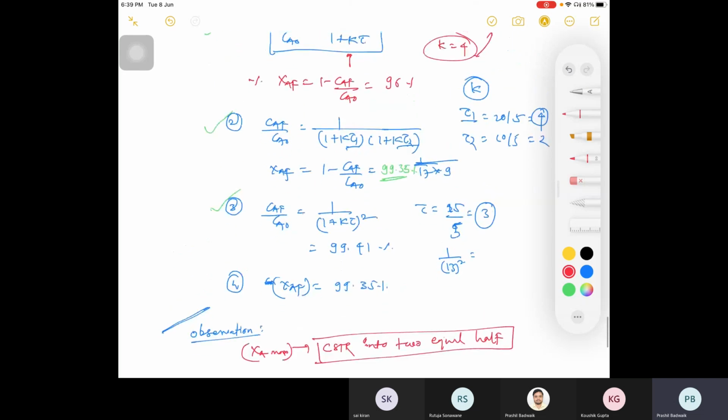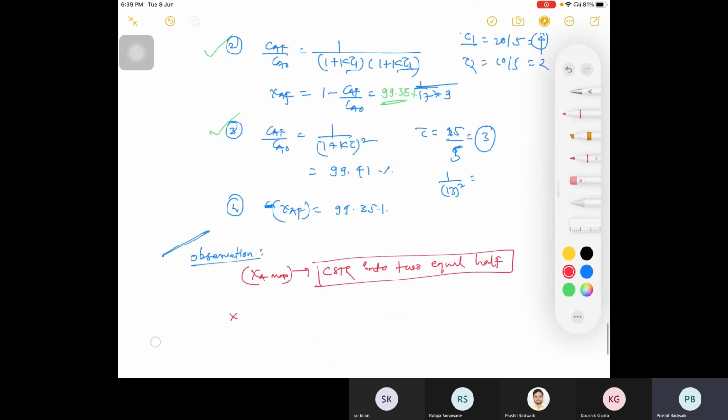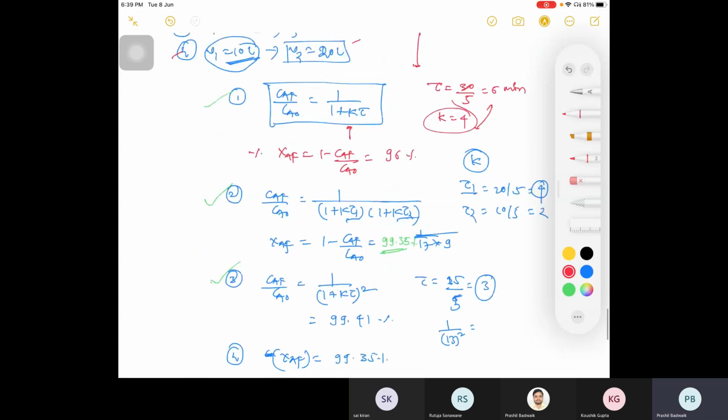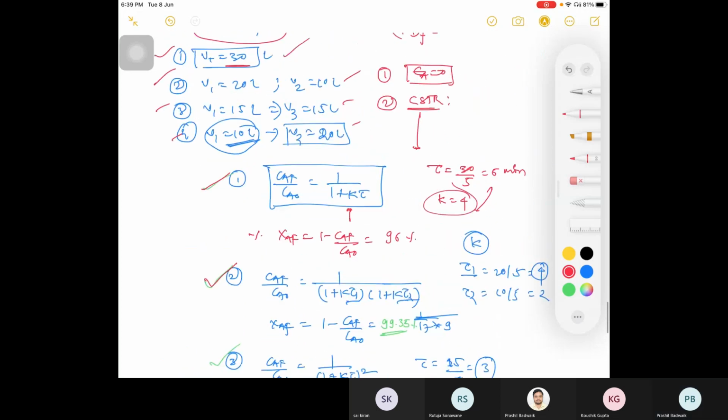And I told you, in the first and second case you observe that I am having the same volume of reactor, 30 liter, and here also 30 liter. Here I have two reactors, here I have one reactor. So you can see by cascade arrangement how much your conversion increases.